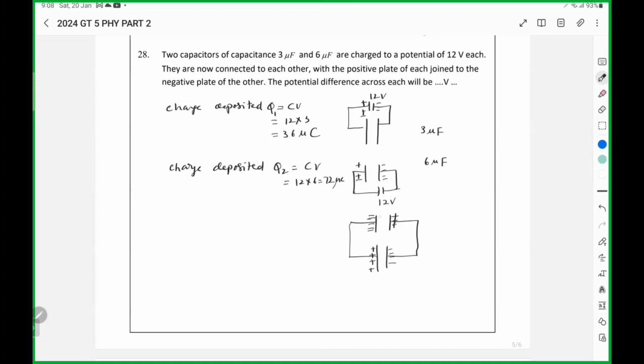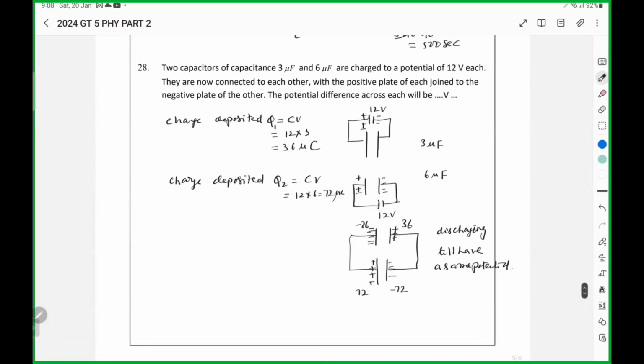So in this process, discharging happens. So they will have the same potential. Here it is 72 minus 72, 36 minus 36 coulombs.